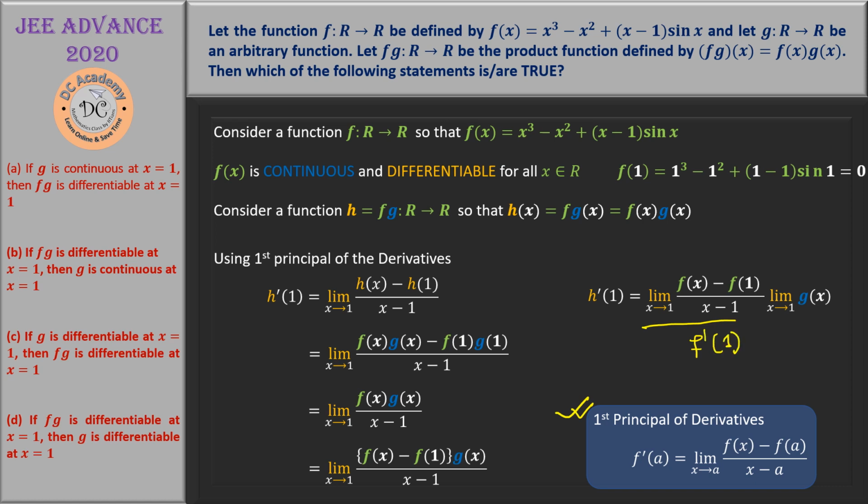That's very simple. And f dash 1 exists because the function f(x) is continuous and differentiable for all x. So therefore, h dash 1 we can rewrite as f dash 1 times the limit x tends to 1 of g(x). That's the calculation basically required before analyzing all the options. Let's go ahead.